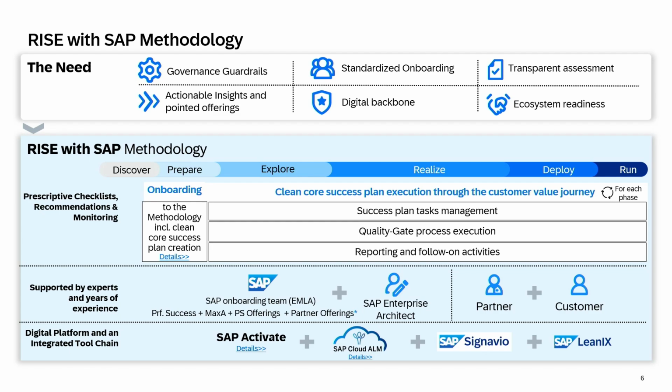And these assessments are transparent. You share your quality gate output with SAP. SAP experts go through your quality gate output. They perform certain checks on the questions that you have answered as part of your quality gate, and they provide you a detailed report on the analysis that they have performed.